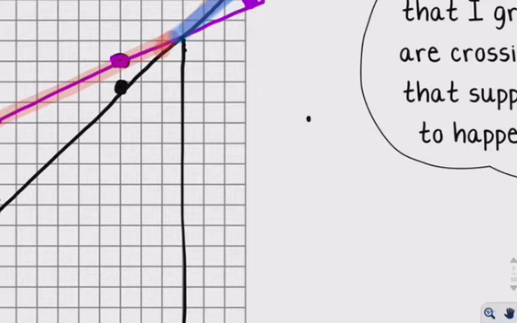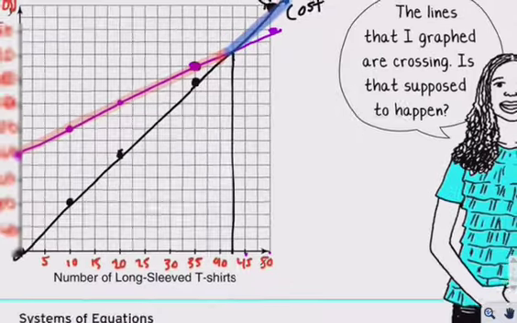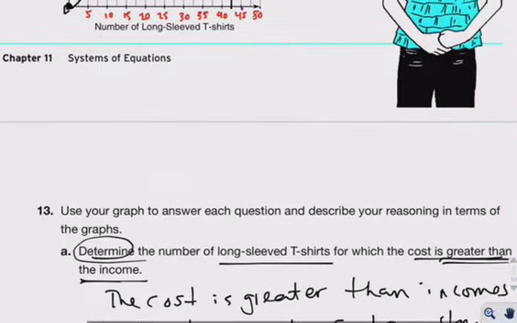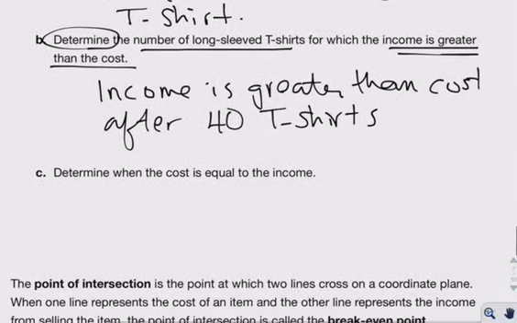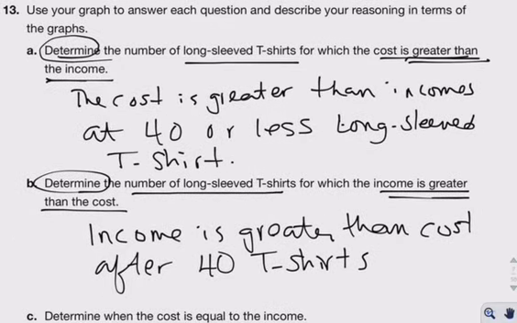So based on my graph, it's about 42.5. Okay? So I'm going to keep to that. Some of you may be at 40. I think if you have a ruler, 40 is more accurate. But, so this should say less than 42, or greater than 42.